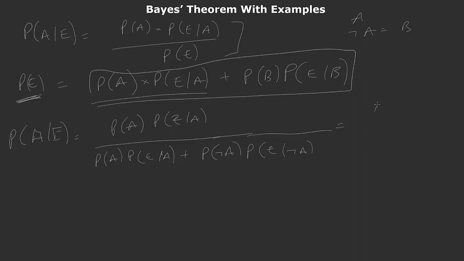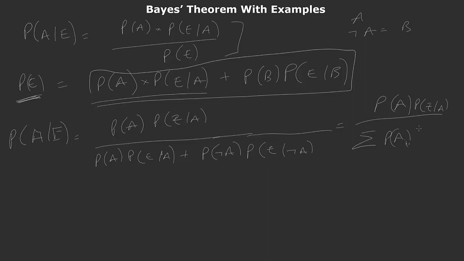Sometimes it's written as follows: the probability of E given A_i, then divided by a summation. So just add up all of this, for all possible events.